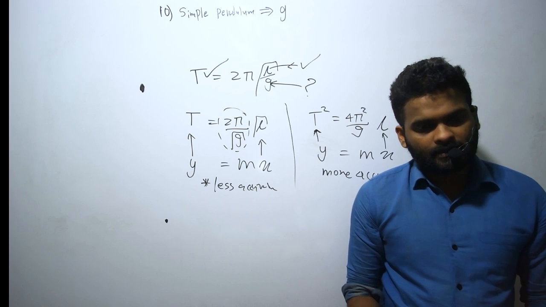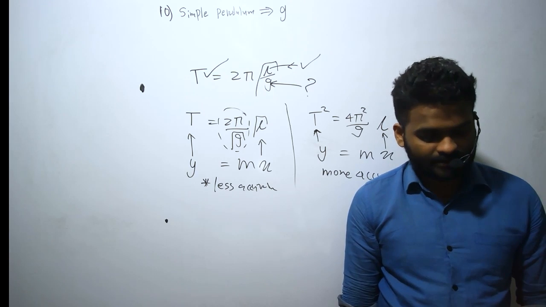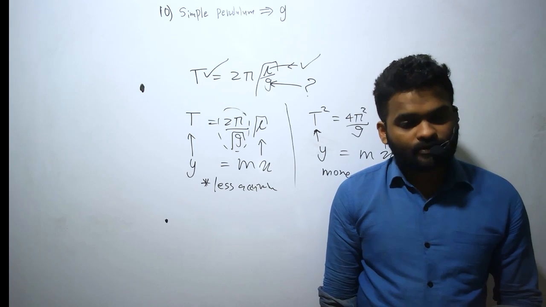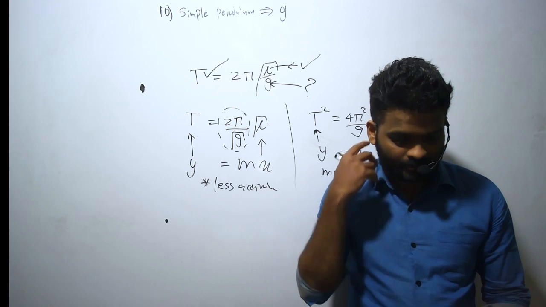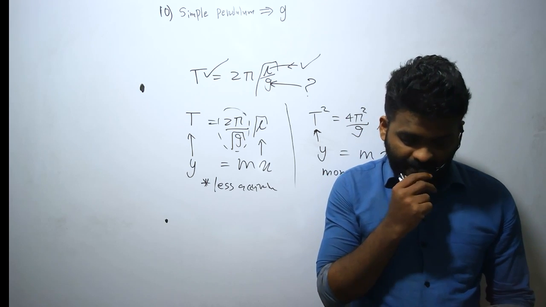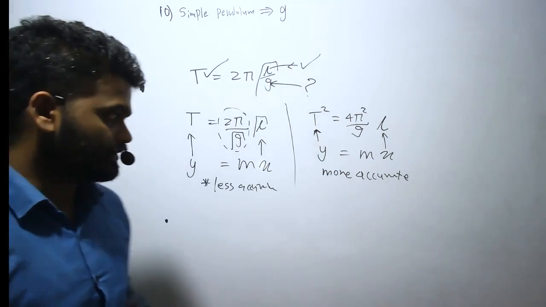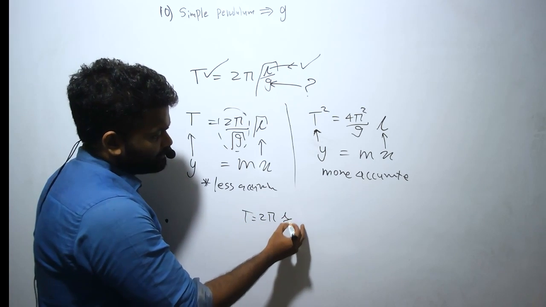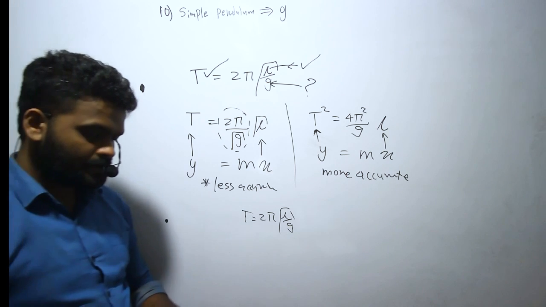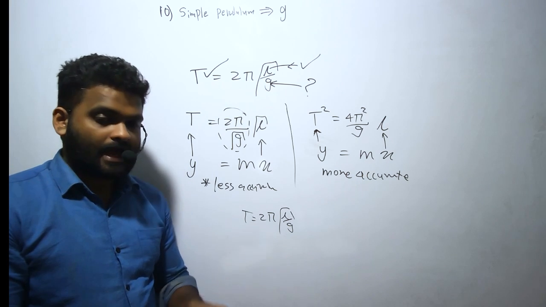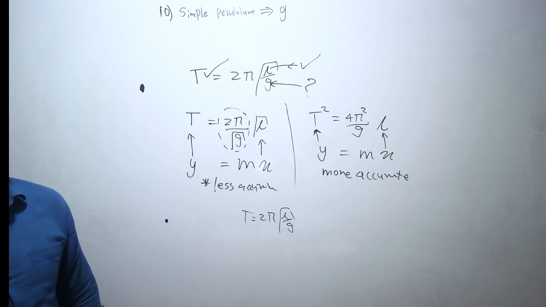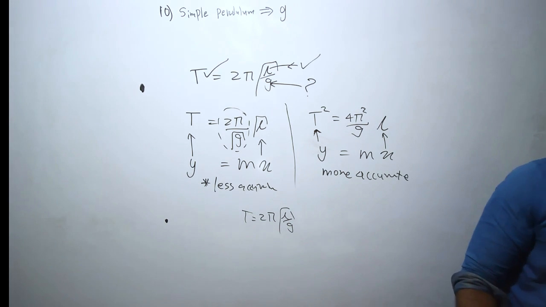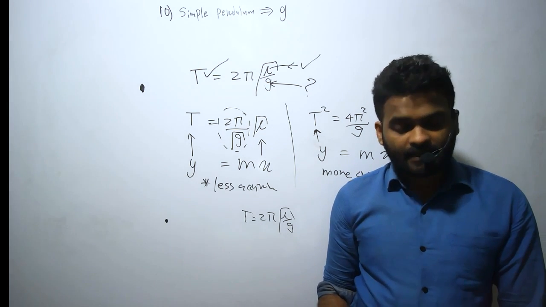For simple L and capital T, values can be substituted in T equals 2 pi root L over g, and the value of simple g can directly be found.